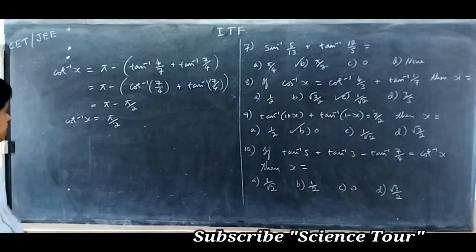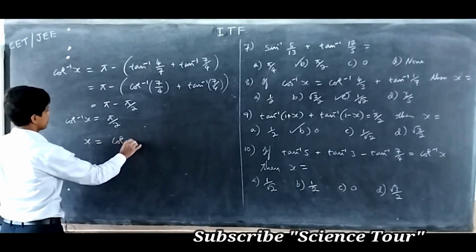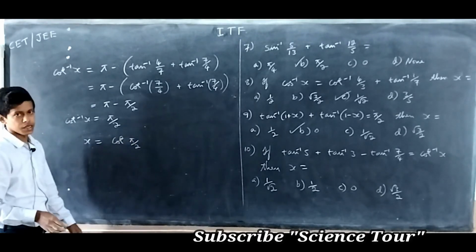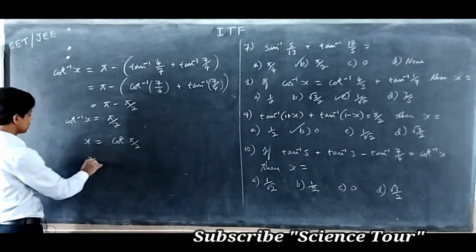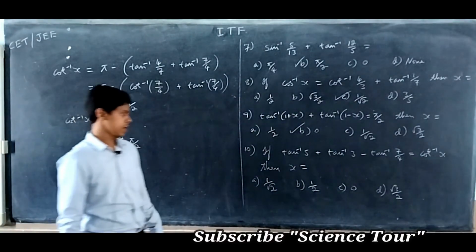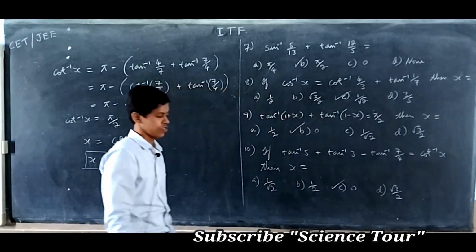So x is equal to cot 90. What is tan 90? Tan 90 is infinity. So cot 90 is 0. So x is equal to 0 is once again the answer, and option C is the right choice for us.